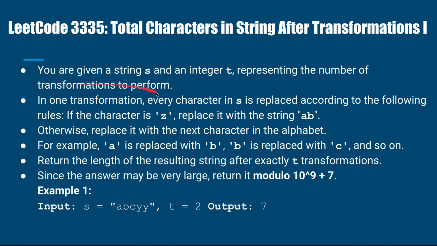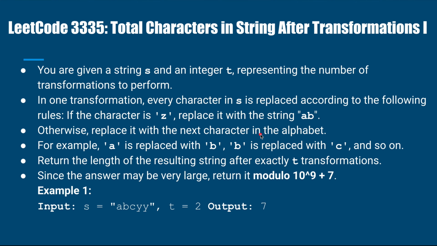Now it is saying, for each transformation, how does this work? If the character is z, the first rule says replace it with ab.